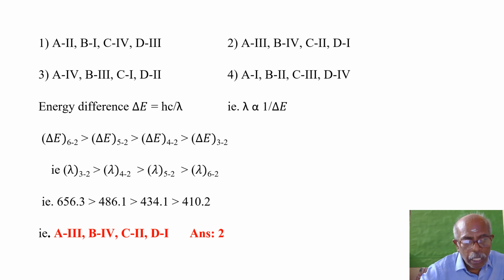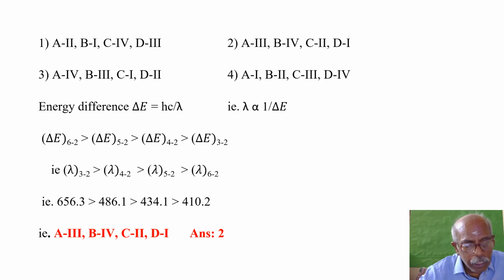In the case of lambda, the reverse will happen. Delta E is the lowest for 3 to 2, and lambda will be the greatest for the 3 to 2 transition. So 3 to 2 will have the maximum wavelength, 4 to 2 will have somewhat lesser wavelength, 5 to 2 will have still lesser wavelength, and 6 to 2 will have the lowest wavelength.